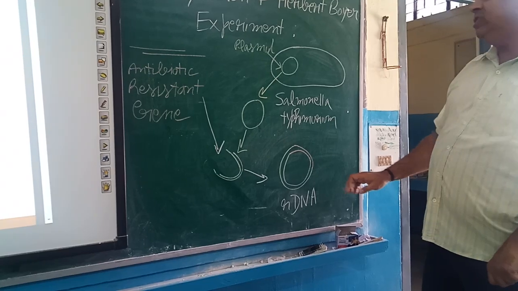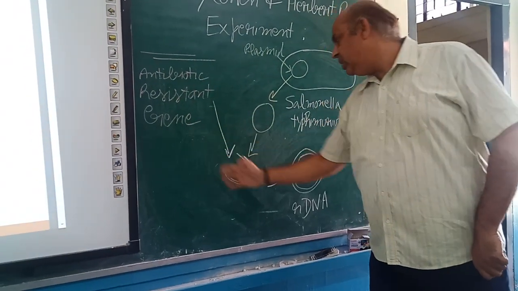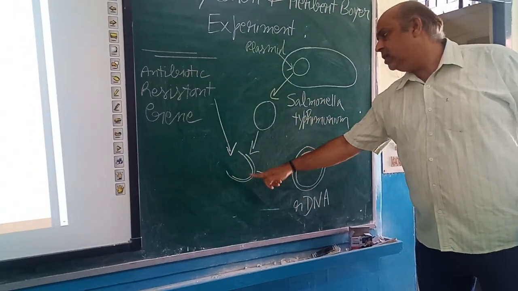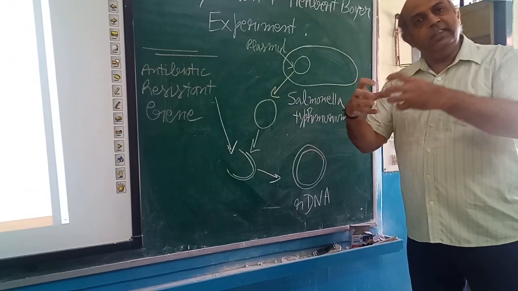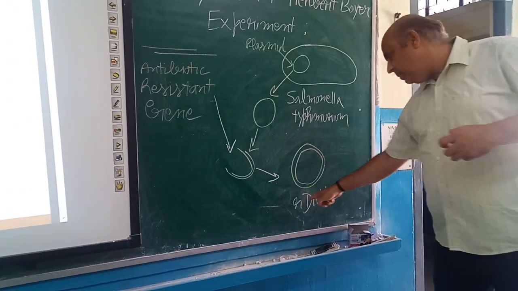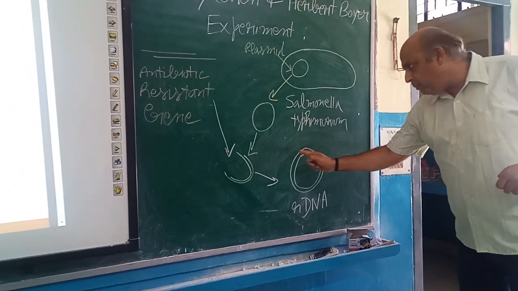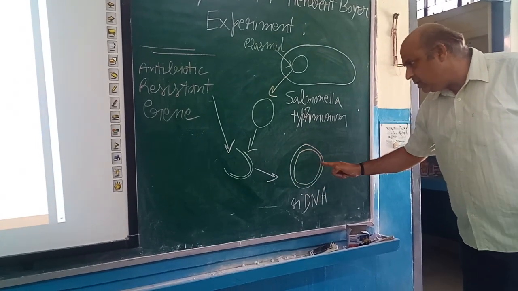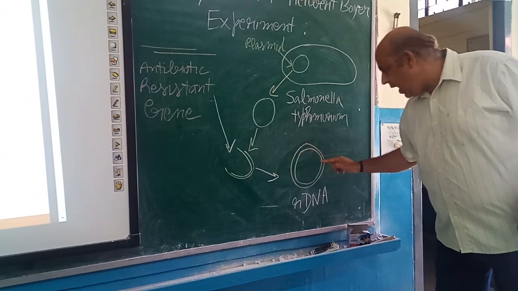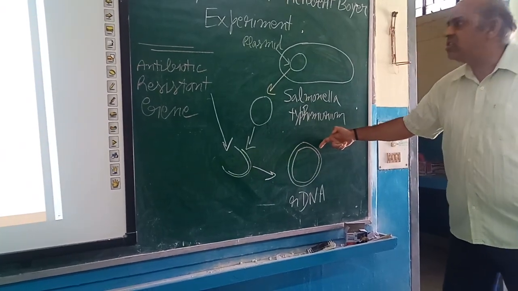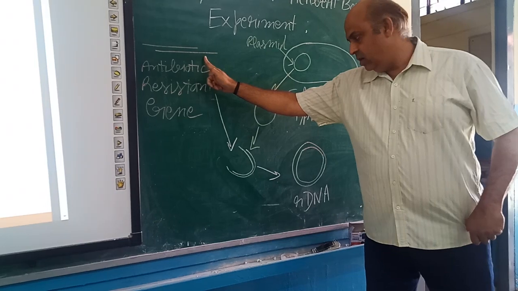Now what happened? The antibiotic resistant gene and the plasmid combined with each other. They joined to form a recombinant DNA. Now this recombinant DNA has a portion of the plasmid, this one, and the antibiotic resistant gene, this one.